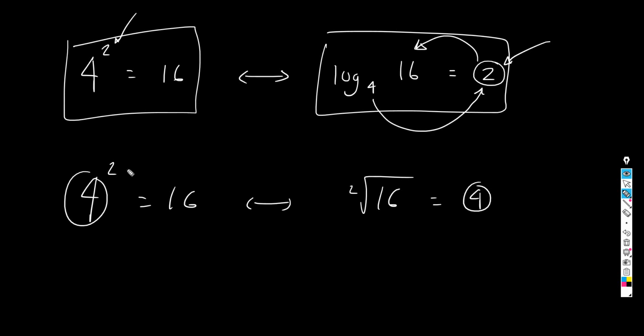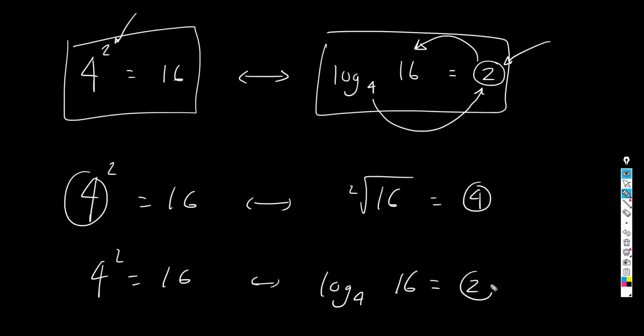But what if you want not the base, which is 4, but the exponent? Well, the equivalent statement is, once again, logarithm base 4 of 16 equals 2. That's going to give you the exponent, because 4 to the 2 equals 16.